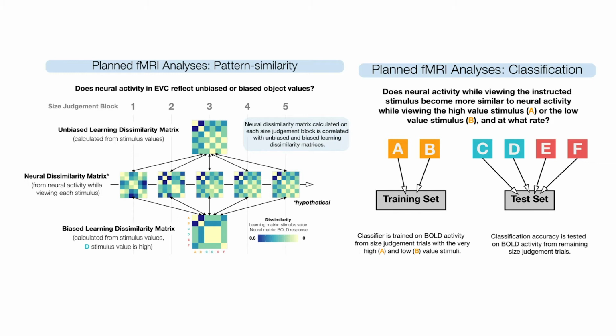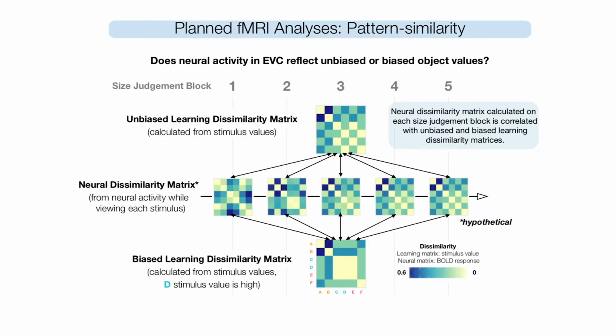We plan to do this using either a pattern-similarity or a classification-based analysis. With the similarity-based analysis, we can see whether neural activity reflects unbiased or biased object values represented by 2 behavioral dissimilarity matrices. The raw stimulus values are used to compute the unbiased matrix, and the bias matrix is computed using the same values, only the D stimulus is treated as being higher value, so that it's correct on 60% of trials instead of 40%.